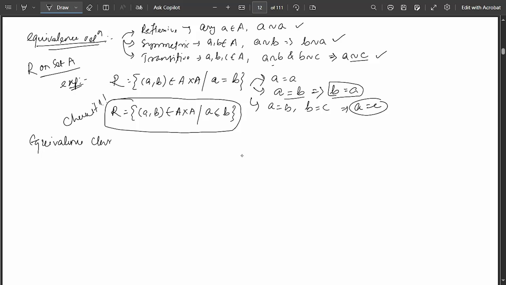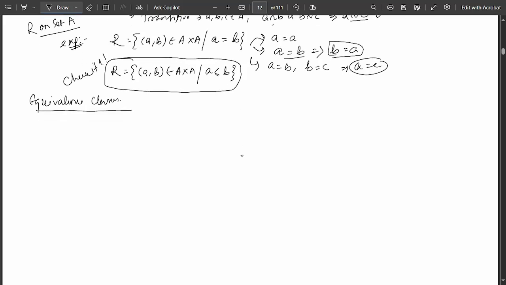Now we define equivalence classes. Equivalence classes are generally sets.